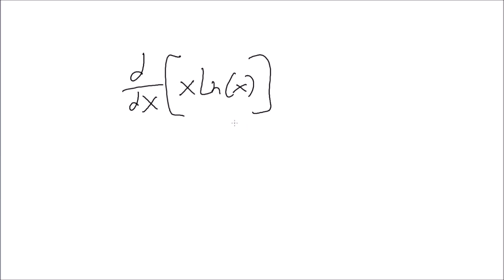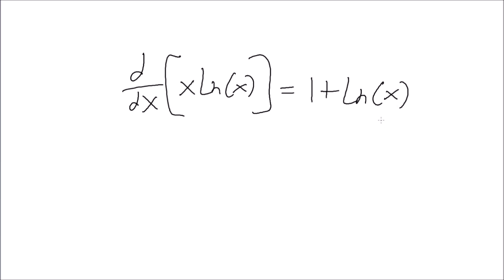You'd be very surprised how many times this shows up, where you have to do u equals x ln of x. The derivative of x ln of x is actually quite nice: it's just 1 plus ln of x.